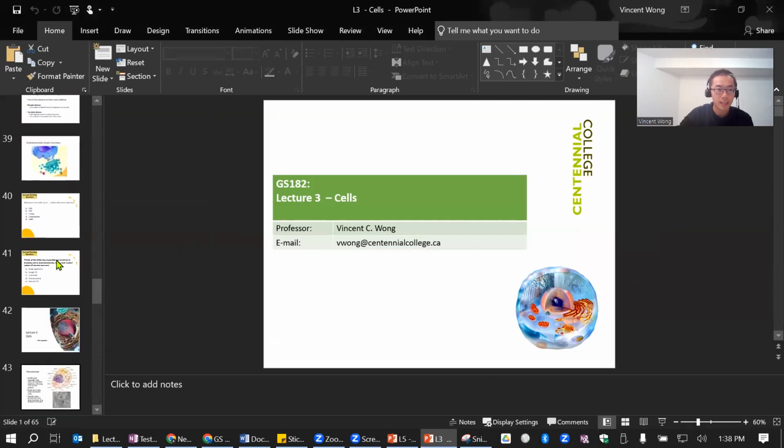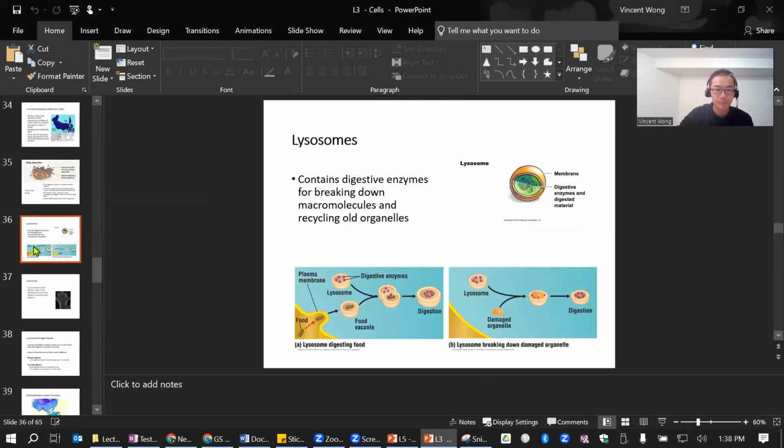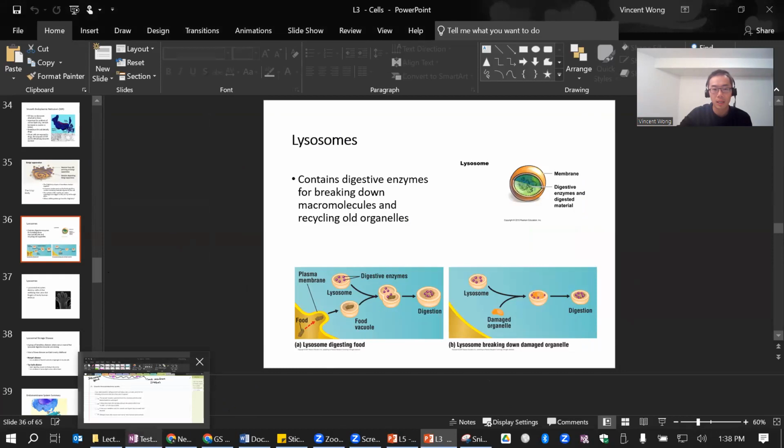Right here. Right, lysosome. There is a food that has been ingested, food vacuole, and then the lysosome will come and break it down, right? After all, that's one of the functions of lysosome, to break down food particles.